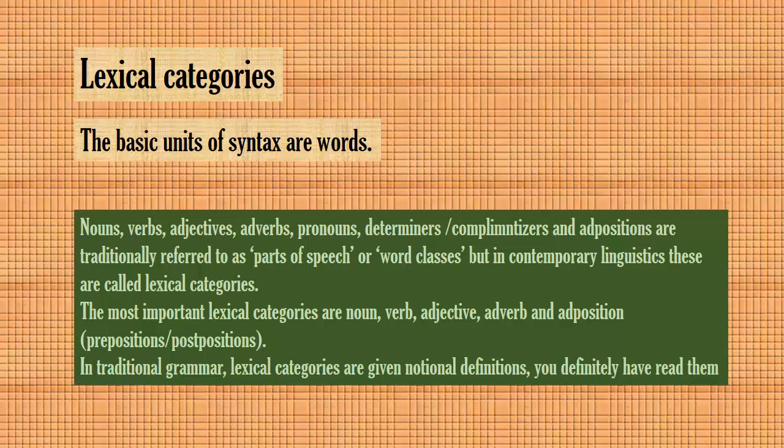In traditional grammar, lexical categories are given notional definitions, and you definitely have read them. For example, in elementary classes, noun is defined as the name of a person, place, object, or thing.